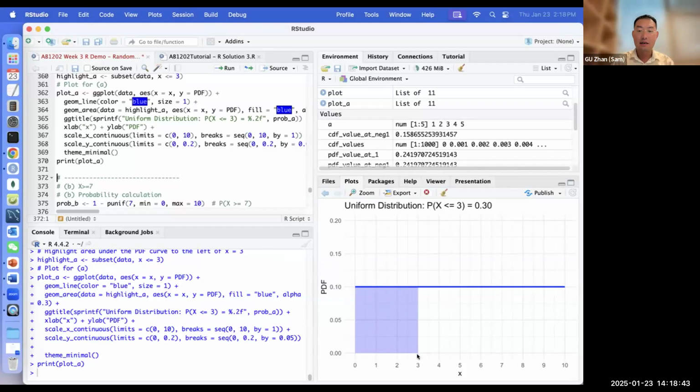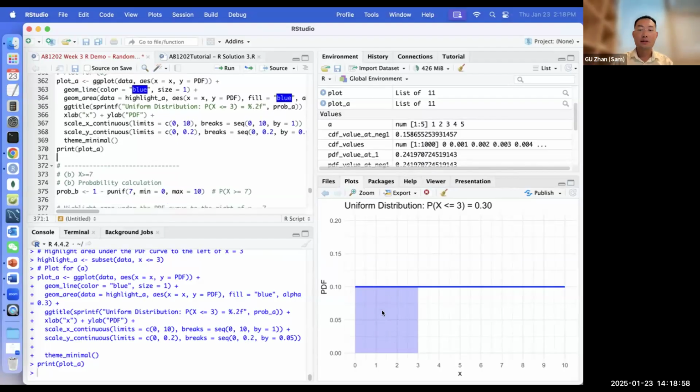Now X less than or equal to 3 is the area under the curve here. And what is the size of this area? It is 3 times 0.1, which is 0.3. So the area size is 0.3, which is 30% probability.